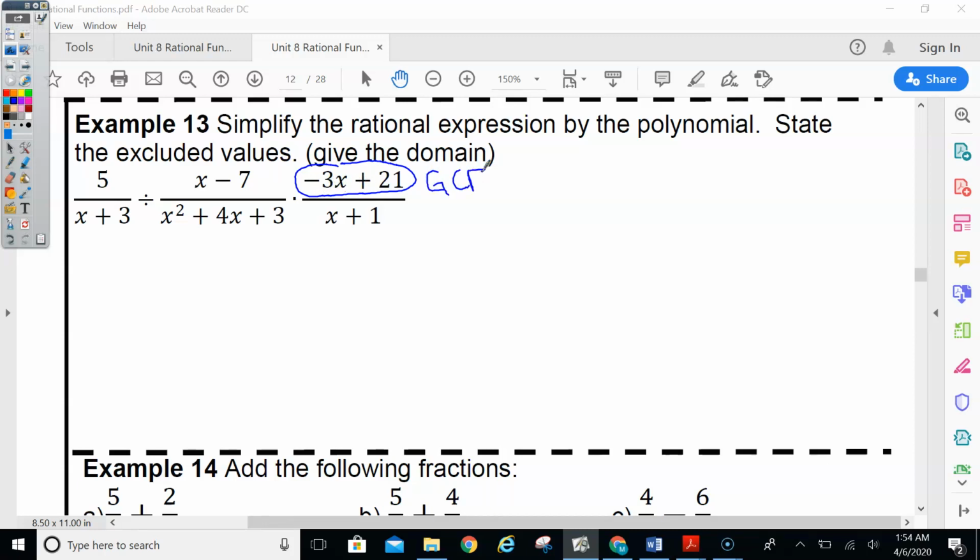So when there's not a squared, you got to ask yourself, what can I divide both of these by? And usually we want the x to be by itself. So you're going to divide both of these by negative 3 to get rid of the x in the front. So if I divide this by negative 3, this goes away. If I divide this one by negative 3, I get -7.